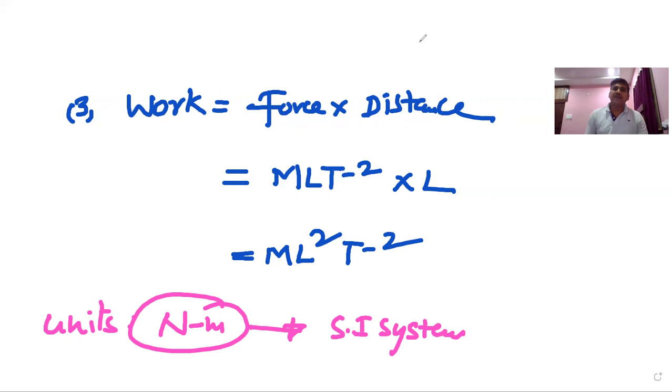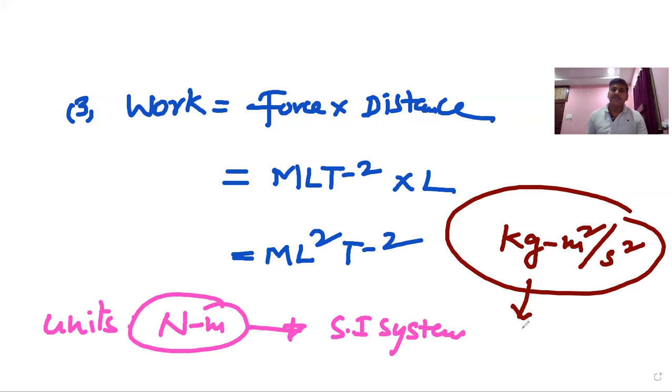If you want to go for the MKS system, mass is kg and this is meter square, so kg meter square per second square. This is the MKS system. Clear? That means if you know the dimension formula of any physical quantity, you can easily find out its units.